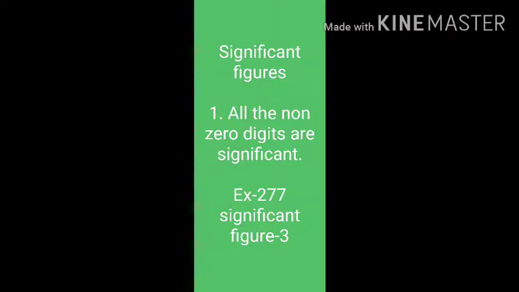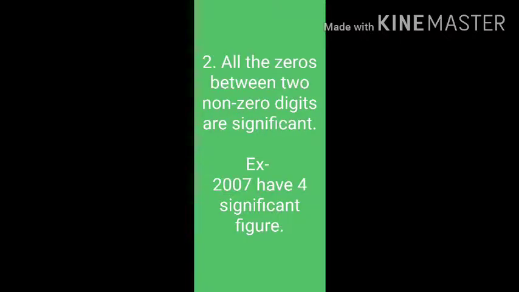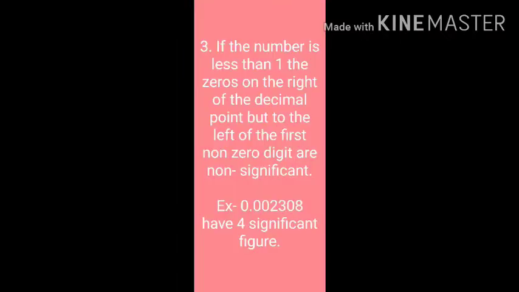Now we will focus on zero quantity. All the zeros between two non-zero digits are significant. Example 2007. These two zeros are included between 2 and 7, so these two zeros are significant. 2007 has 4 significant figures. Number 3.